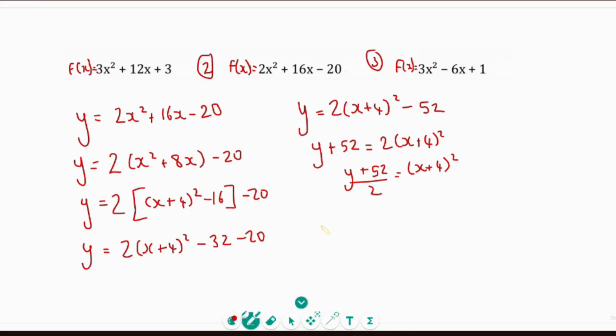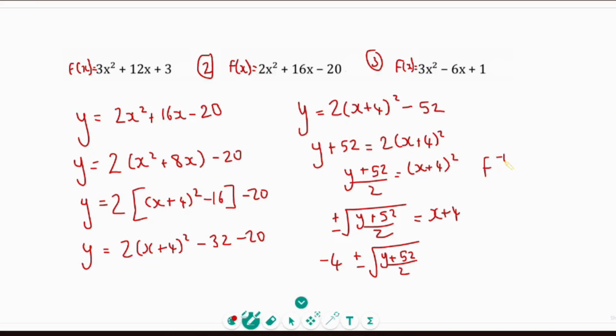Square root. Minus 4. Writing function notation.